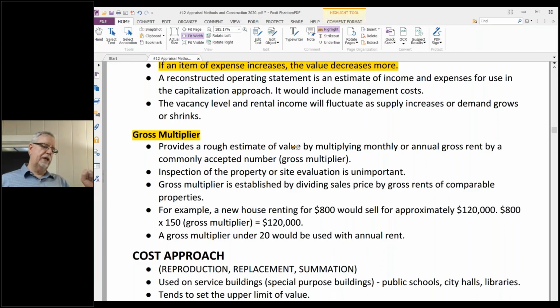So remember, I've given examples like, how do we come up with the capitalization rate? And the answer is we look at properties that have sold recently and we try to determine what their net income was. Now, sometimes it's easy because in the system we use, they told us, but sometimes they don't.